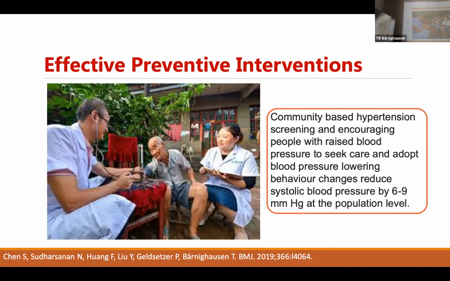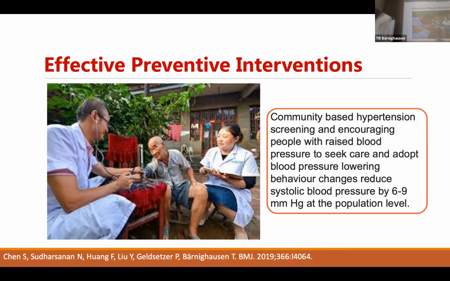And this is a long-term effect. Two years after the initial screening, systolic blood pressure was still reduced by 6 to 9 mmHg. So it's actually very effective for hypertension screening in older adults in China.